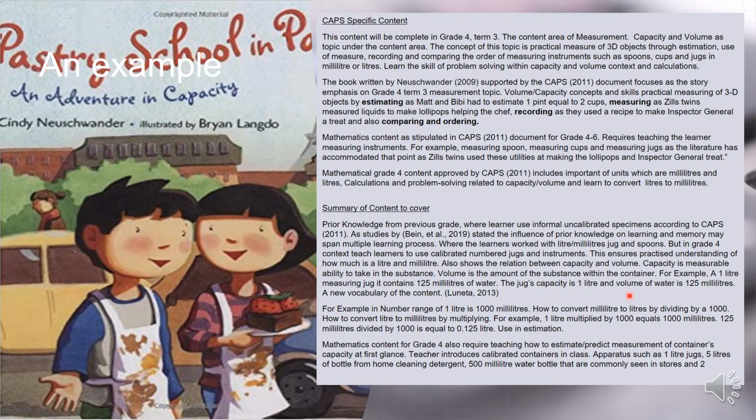So its capacity is 1 liter, but inside there is a volume of 125 milliliters of water. So the jar's capacity is 1 liter and the volume of water is 125 milliliters. A new vocabulary of content: 1 liter is 1000 milliliters.